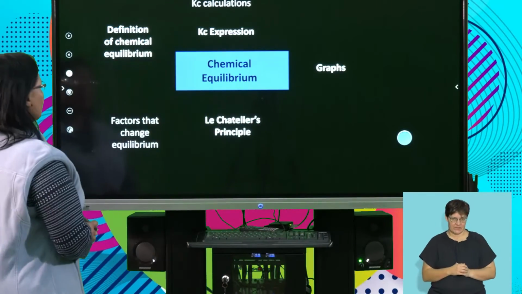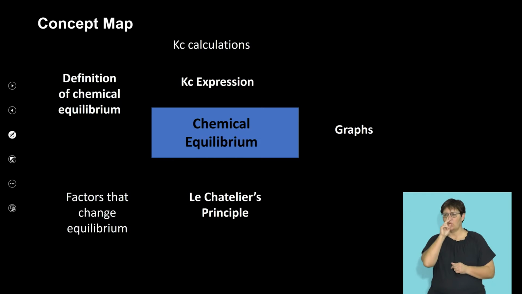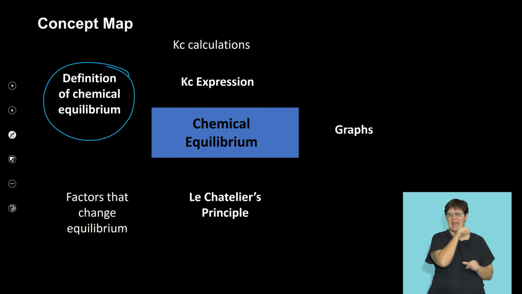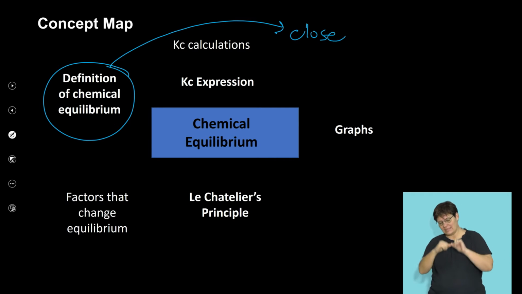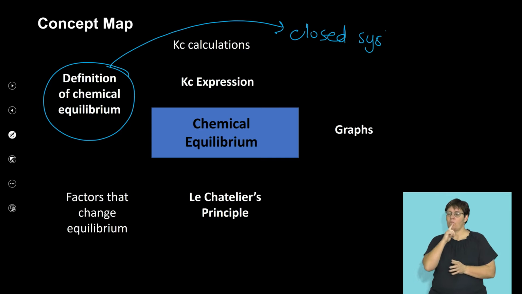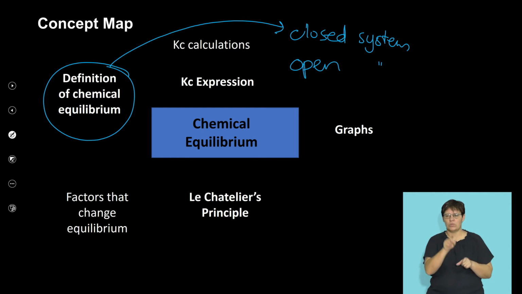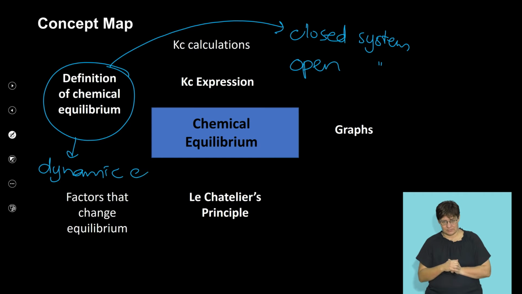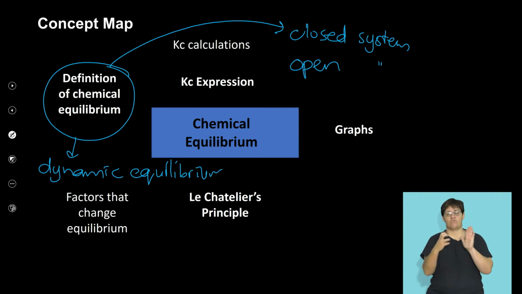The last time that we did chemical equilibrium, we looked at the definition of chemical equilibrium. We unpacked, we spoke a little about closed system, open system. We looked at reversible reactions, and we also looked at the definition of dynamic equilibrium, and we looked at the graphs.